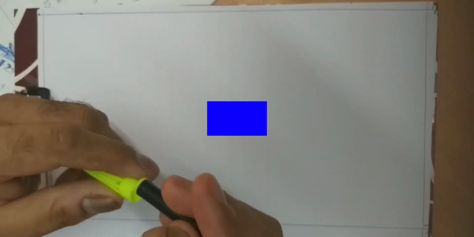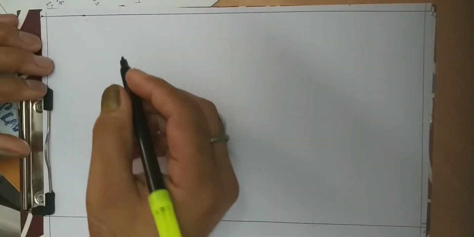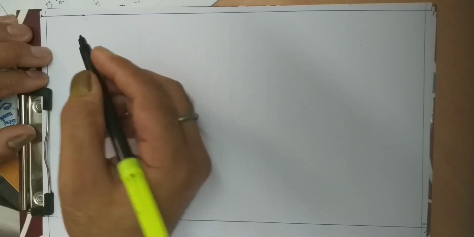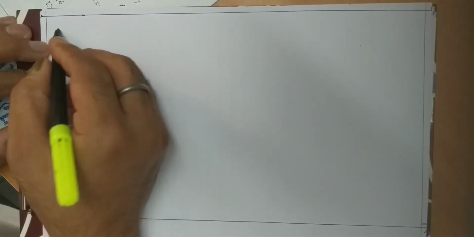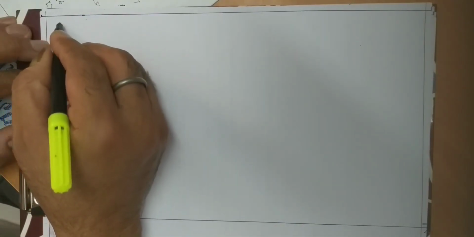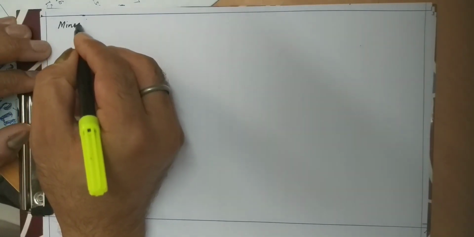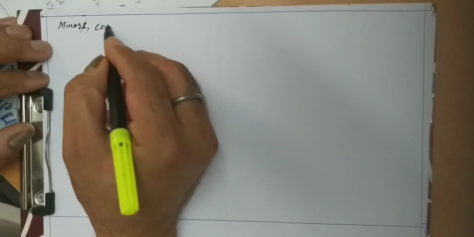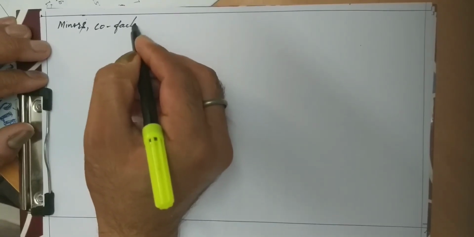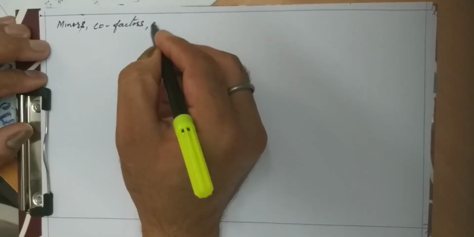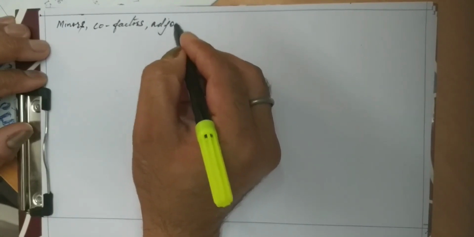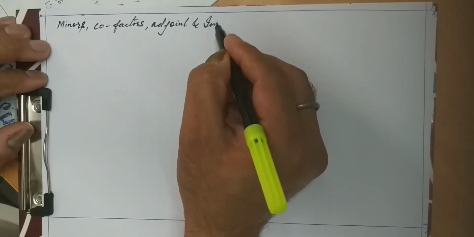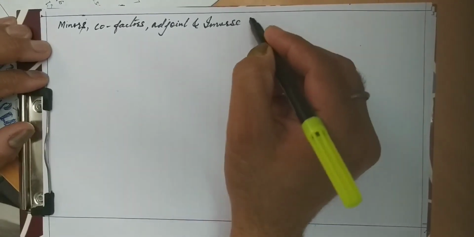Today we are going to complete 4 topics actually, that is minors, cofactors, adjoint and inverse of a matrix.